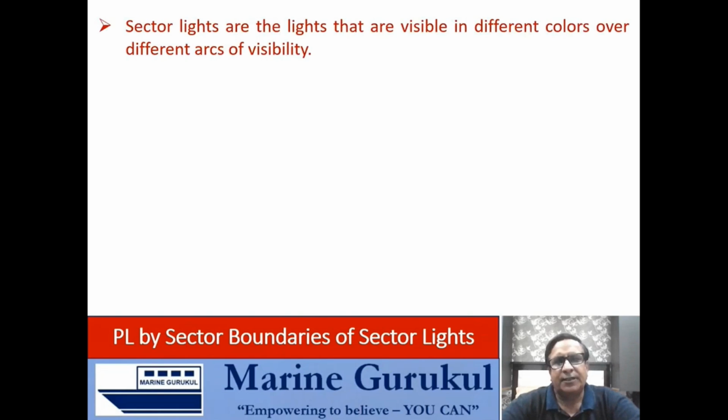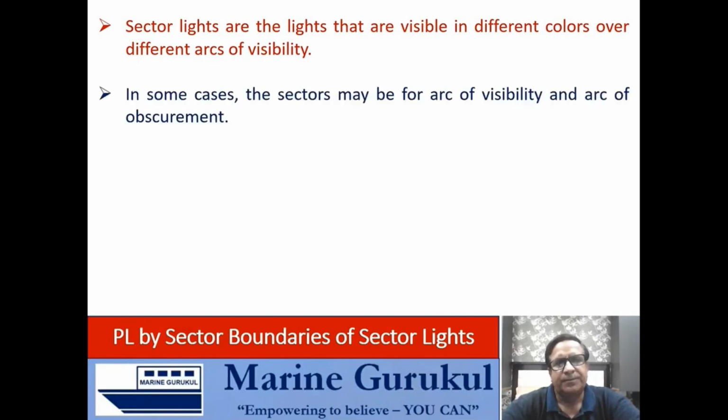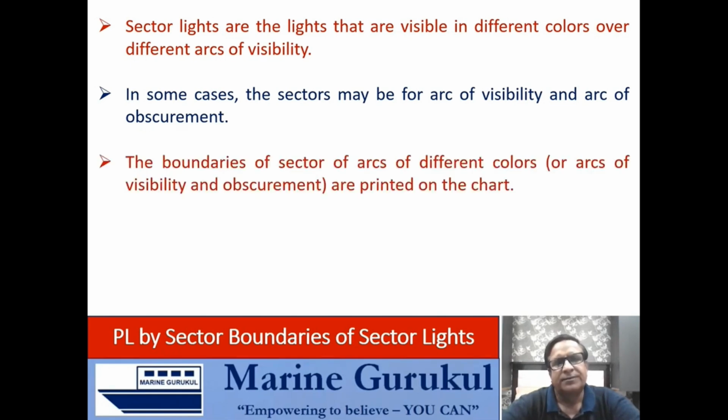Sector lights are the lights that are visible in different colors over different arcs of visibility. In some cases, the sectors may be for arc of visibility and arc of obscurement, the arc in which the light may not be visible at all.